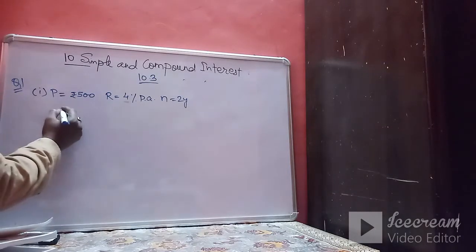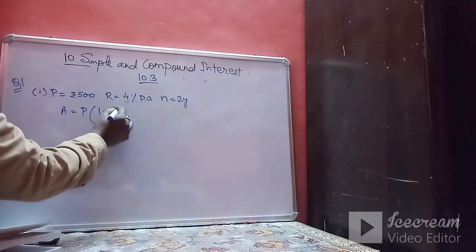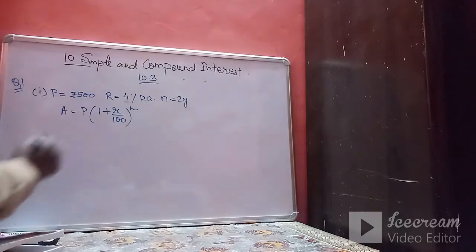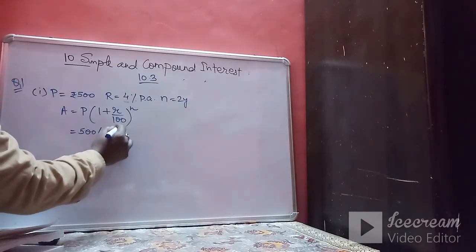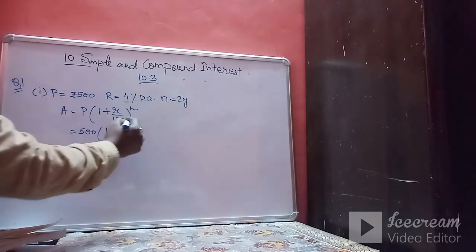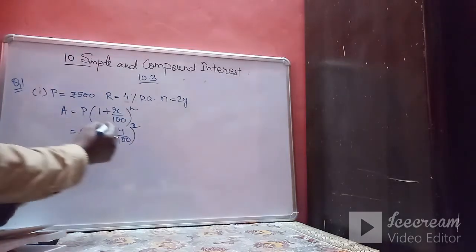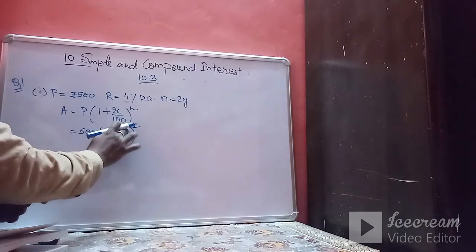So the formula will be A is equal to P into 1 plus R upon 100 to the power n. So this will be the formula. 500 into 1 plus 4 upon 100... no, 20 upon 100, and in place of n 2 will be there. Okay, then after some simplification, it can be solved.